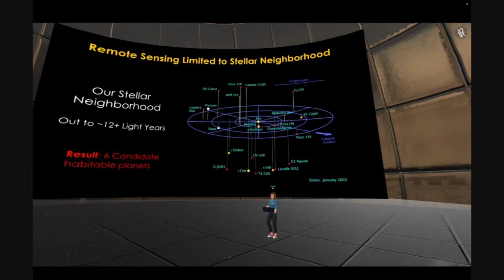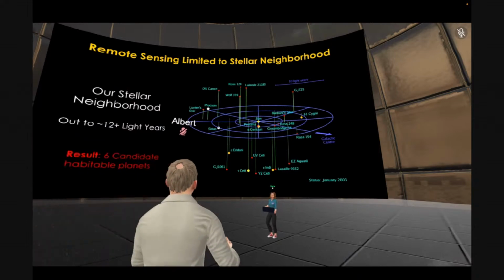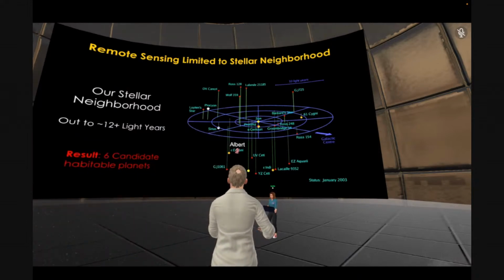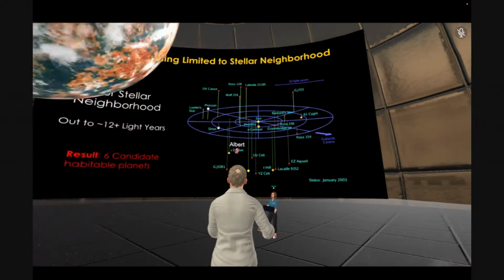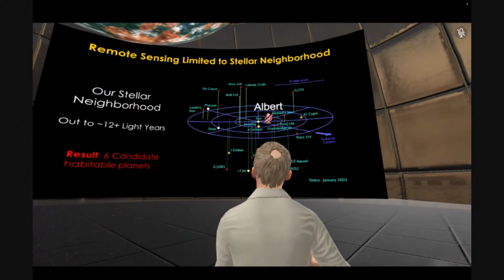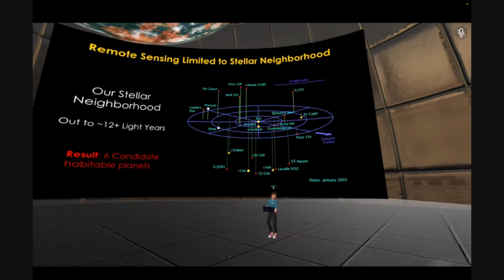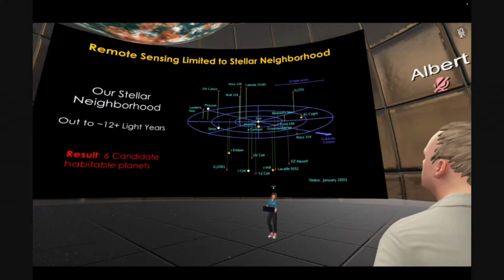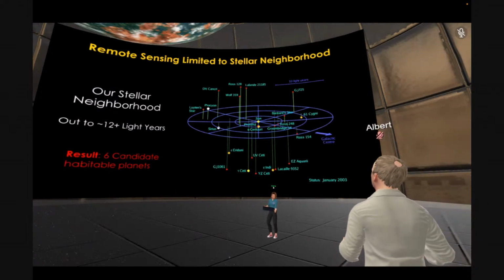If we zoom in a little bit closer to home, remote sensing methods are limited to what we would consider to be our stellar neighborhood. That's about 10 light years, as opposed to the 100,000 light years we were looking at in the last slide, so this is relatively close to home. The center of this diagram is our sun, and these remote sensing methods reach out about 12 light years. These methods show us that there's about 6 candidate habitable planets.